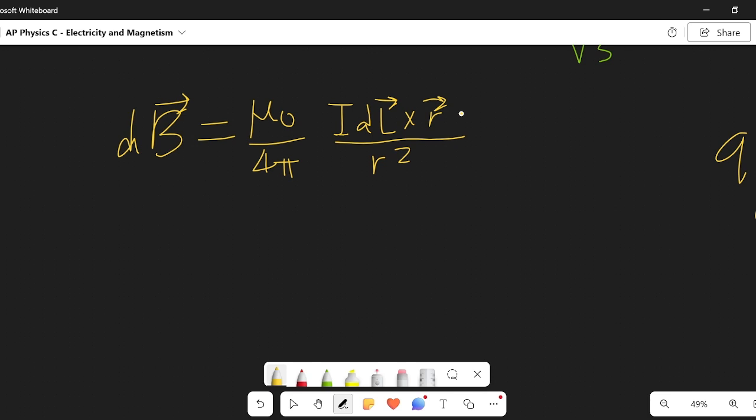Remember, mu naught is the magnetic permeability of free space, which is 4 pi times 10 to the negative 7 teslas multiplied by meters over amps.